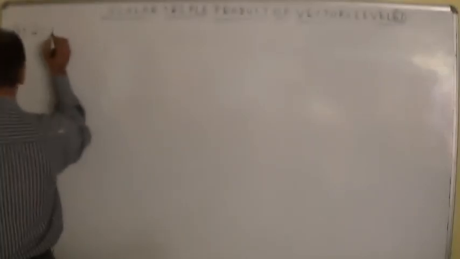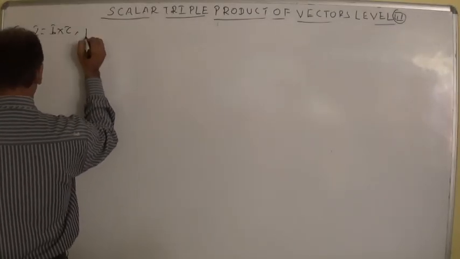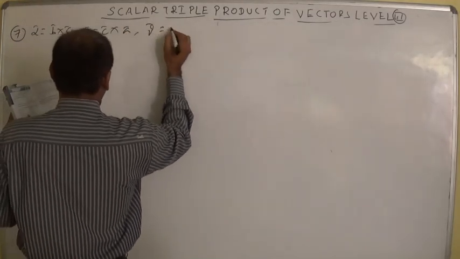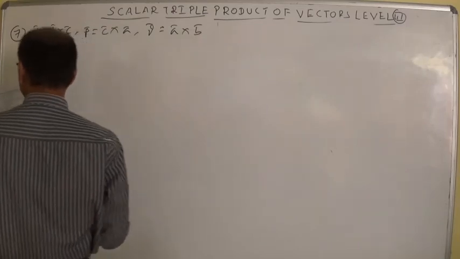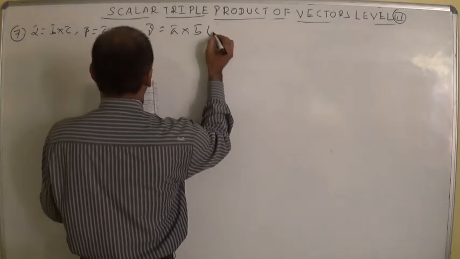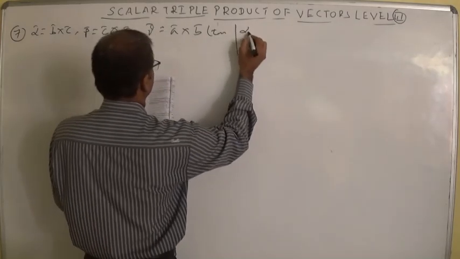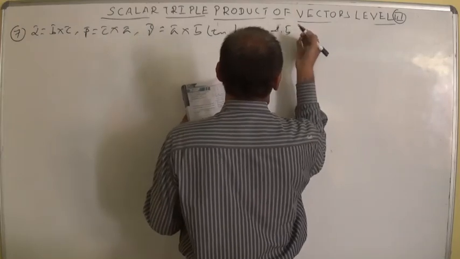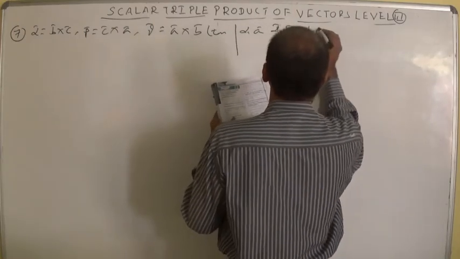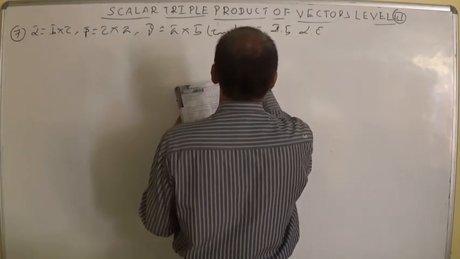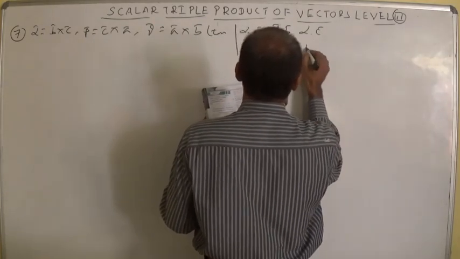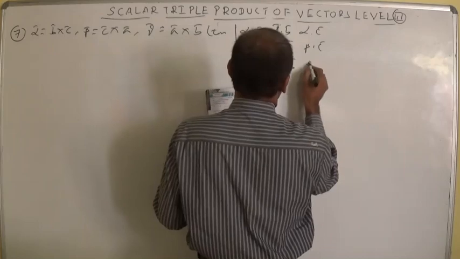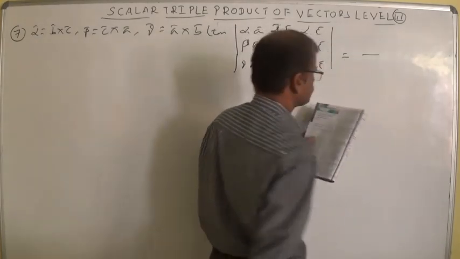Alpha bar is equal to B cross C, beta bar is equal to C cross A, gamma bar is equal to A cross B. Then the value of the determinant is asked: alpha dot A bar, alpha dot B bar, alpha dot C bar; beta dot A bar, beta dot B bar, beta dot C bar; gamma dot A bar, gamma dot B bar, gamma dot C bar is equal to dash.